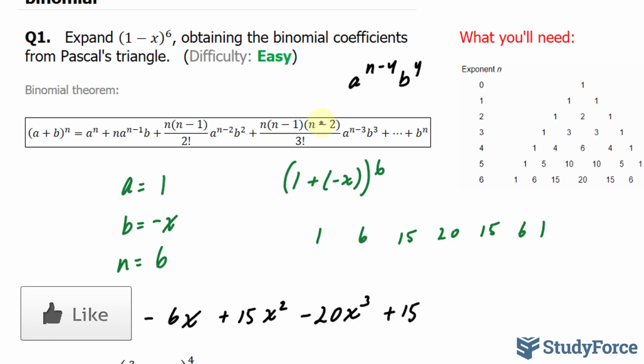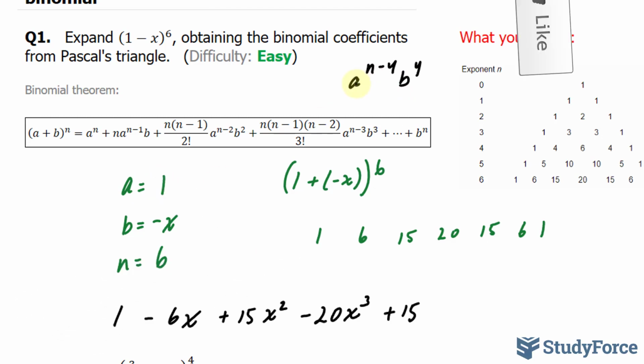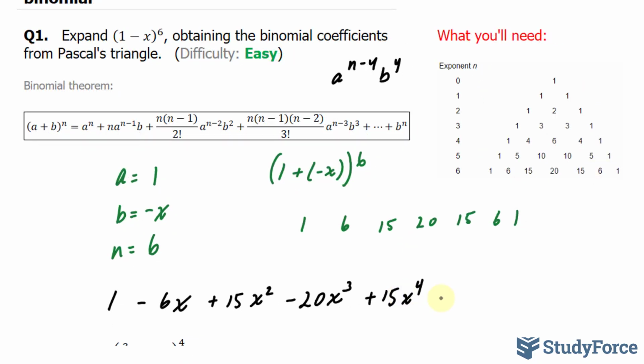Since our a is 1, 1 to the power of anything is going to be 1, so I won't write down 1, the same theme as the previous terms. And negative x to the power of 4 gives us positive x to the power of 4. That's the fifth term in line. Moving on to 6, positive 6, and we'll use a to the power of n minus 5, b to the power of 5.